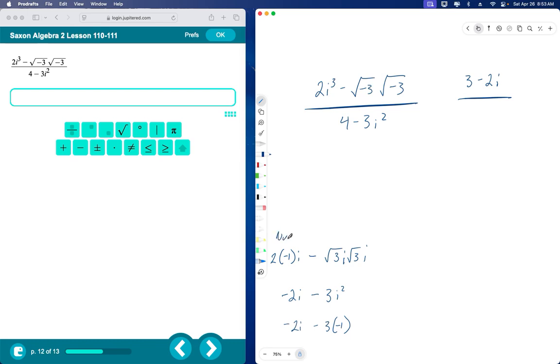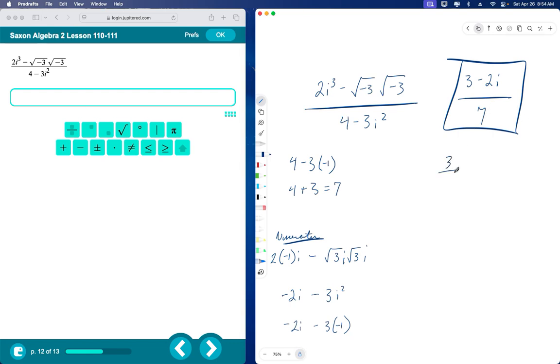That's the numerator. i squared, that's 4 minus 3 times negative 1. So that's going to be 4 plus 3 equals 7. So 7. That's my solution. The only thing is, you can't have i in the same fraction. So we're going to rewrite it 3 over 7 minus 2i over 7.